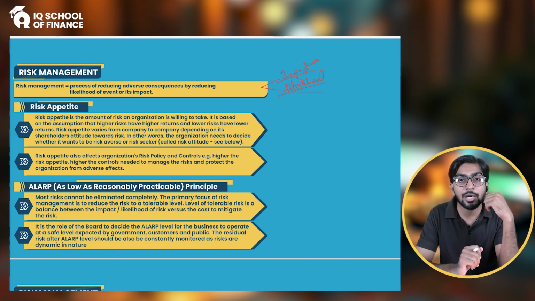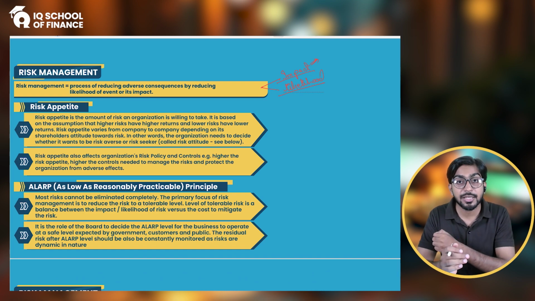So when I talk about managing risk, it means that you reduce either the impact or the likelihood. For example, in the accident example, you drive carefully, you have installed airbags in your car, you have applied the seat belt.